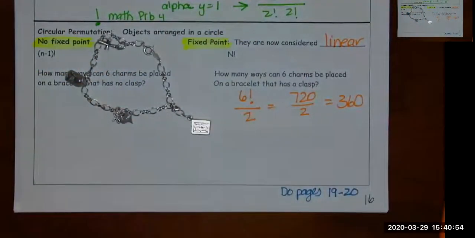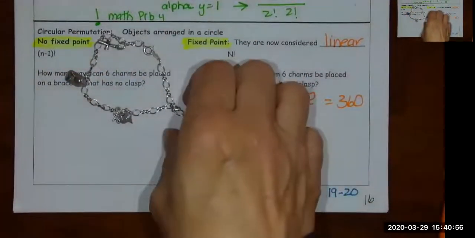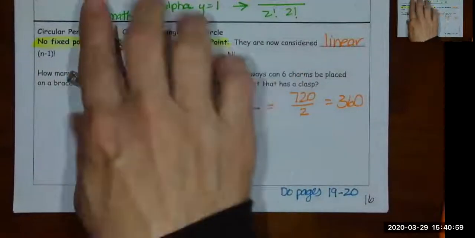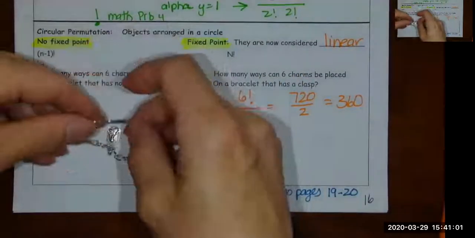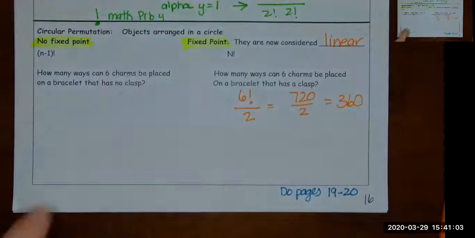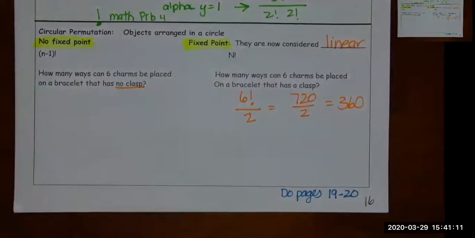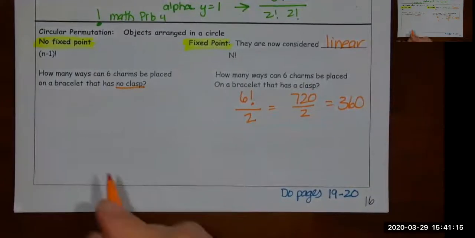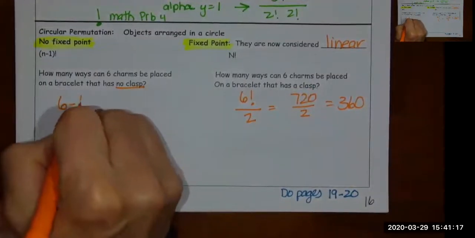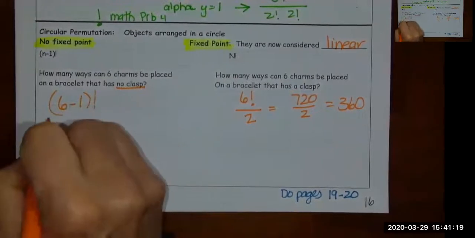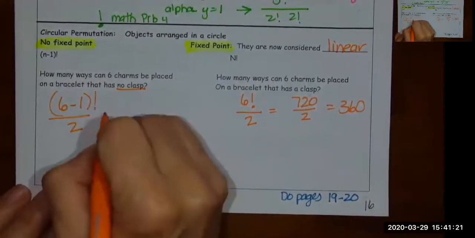So I look at it from 2 different points of view, so I'm still going to do that. But again, you have to pretend like I have 6 things on here because our example is 6. So how many ways can 6 charms be placed on a bracelet that has no clasp, meaning it's a circle and I don't know who's first or who's last? So then it's going to be 6 minus 1 factorial, still dividing by 2 because I can flip it.